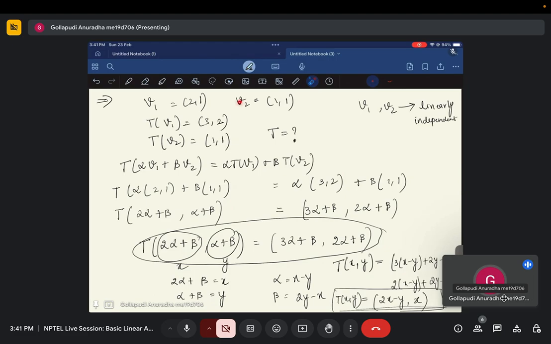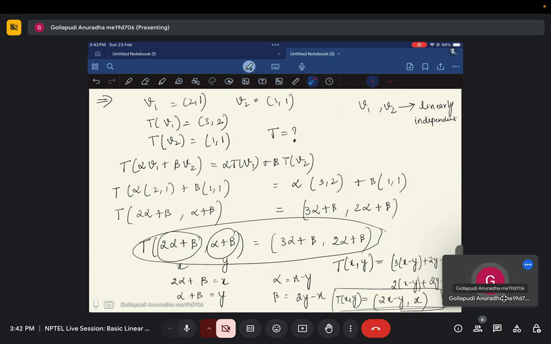So what it means is, if I am finding transformation values on the basis vectors, then for every vector in the vector space the transformation will be fixed. Once the values of the linear transformation on the basis vectors are fixed, it means its values for every vector in the vector space are fixed.